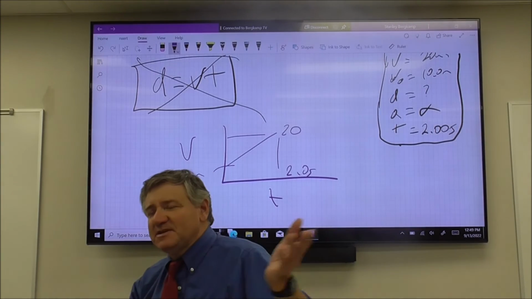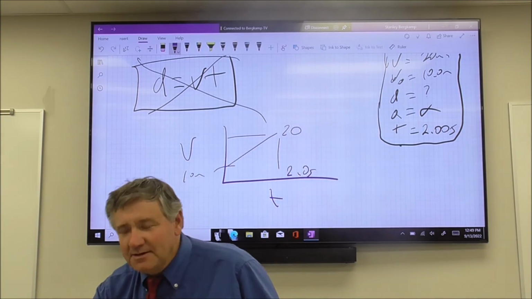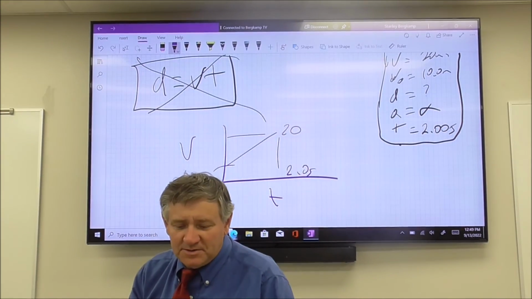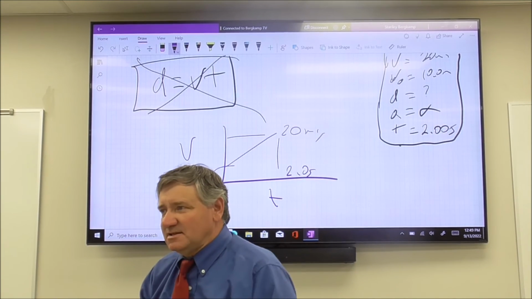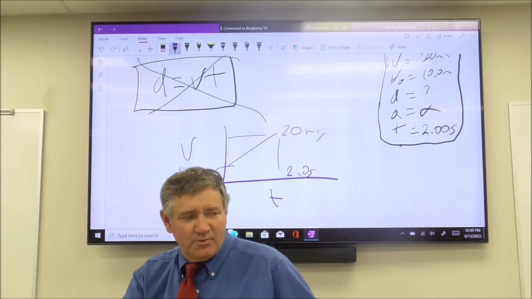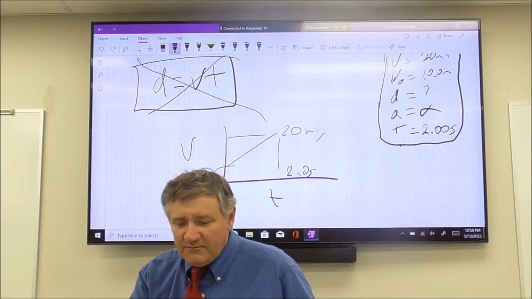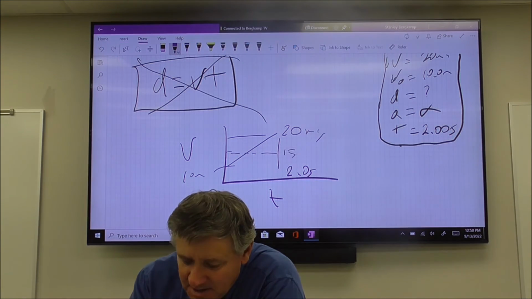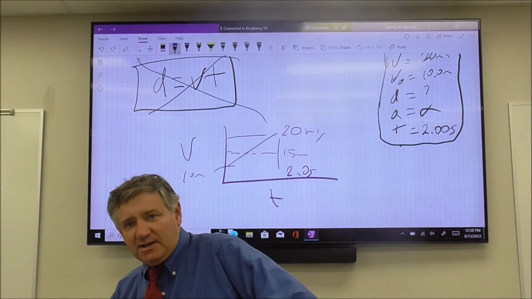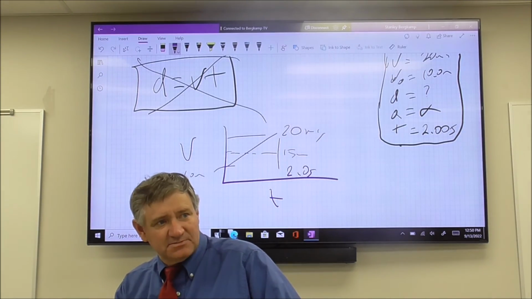So basically, this equation looks horribly complicated, but all you're doing is finding the average of 2 velocities. So what's the average between 10 and 20? 15. So on average, I'm going 15 meters per second.